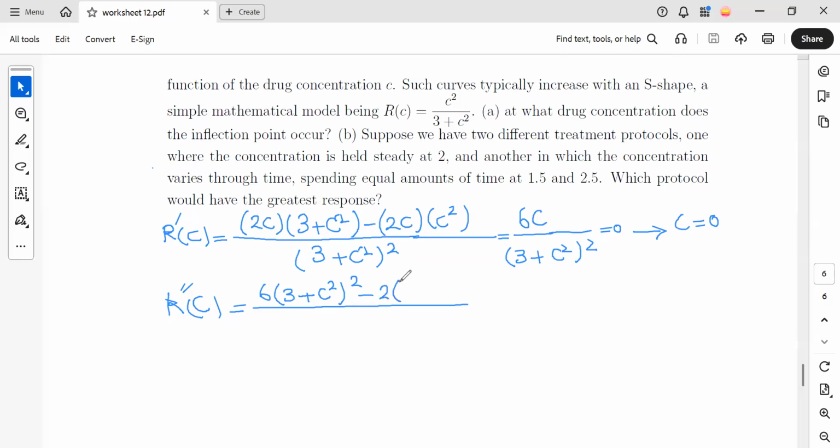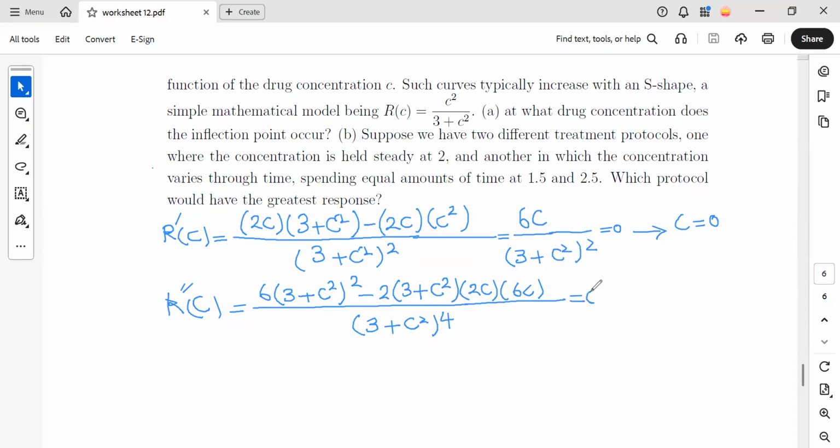So 2 times 3 plus C squared to the power 1 less, which is 1 here, multiplied by the derivative of the inside, which is 2C, times the numerator, which is 6C, all over 3 plus C squared to the power 4.